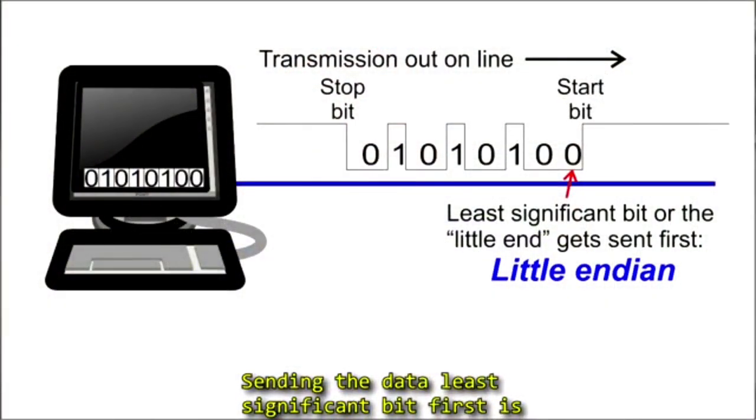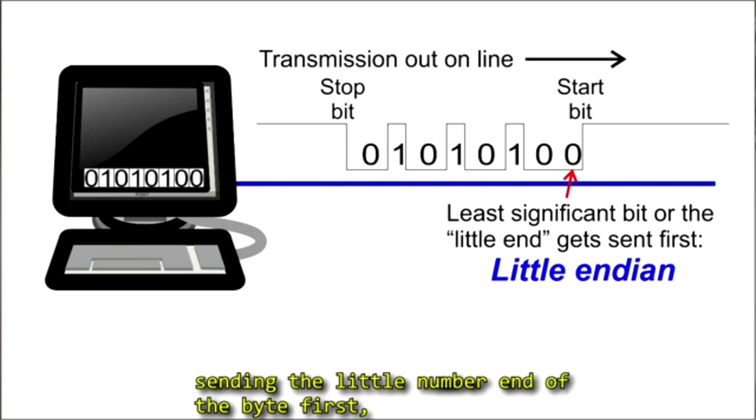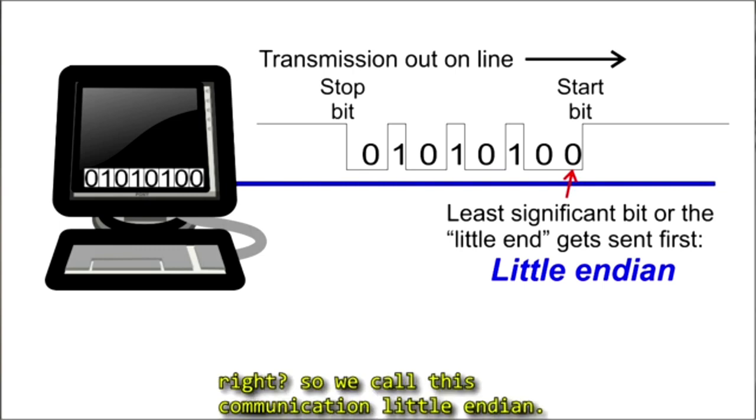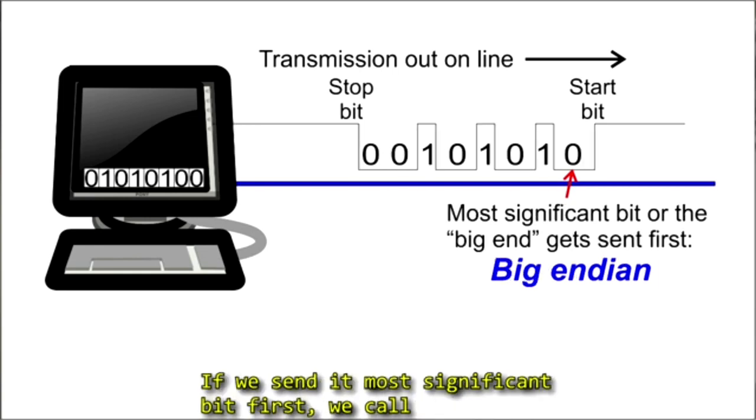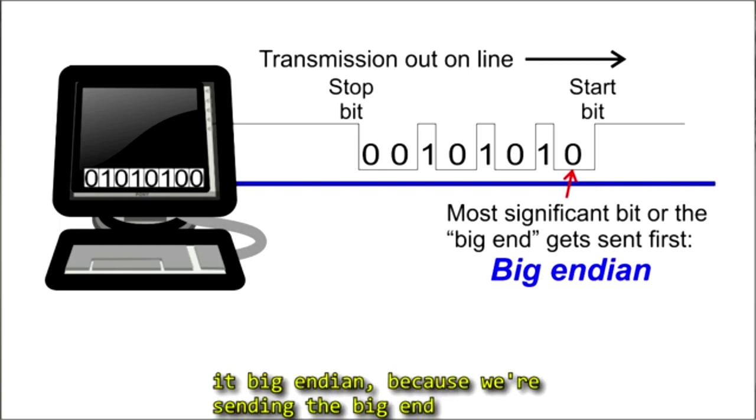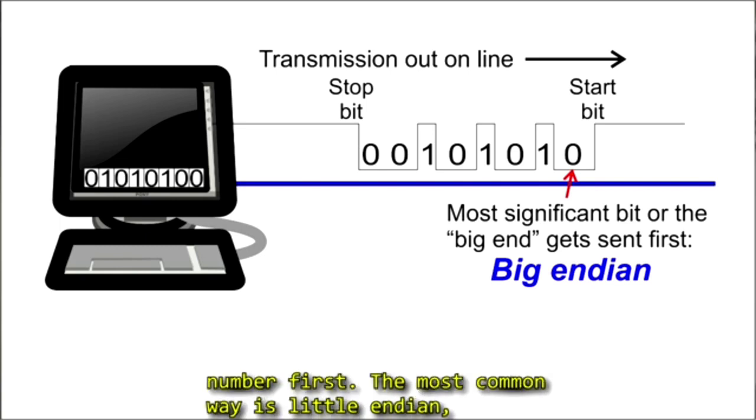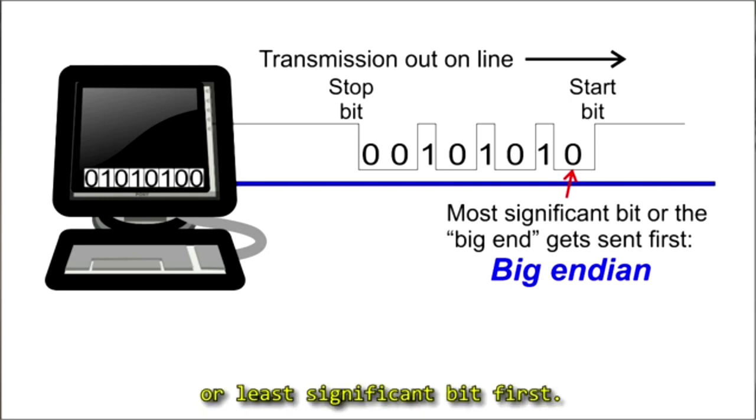Sending the data least significant bit first is sending the little number end of the byte first, right? So we call this communication little endian. If we send it the most significant bit first, we call it big endian because we're sending the big end number first. The most common way is little endian, or least significant bit first.